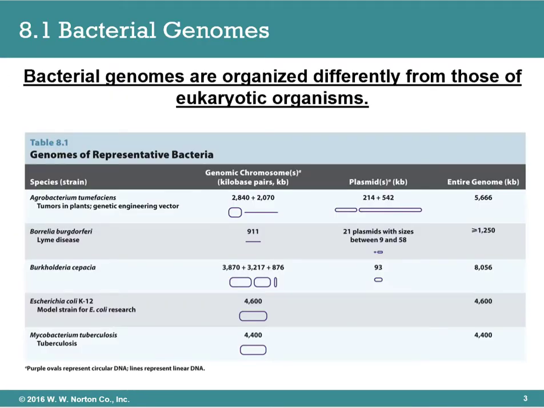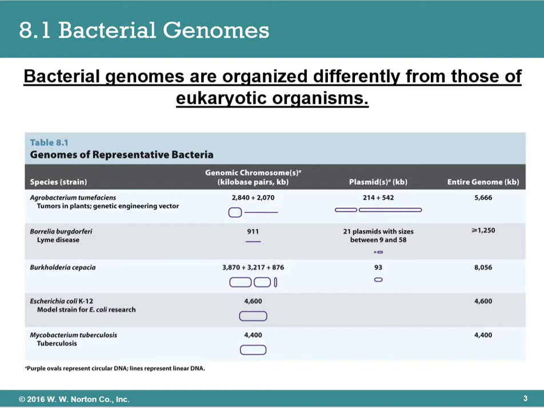So the bacterial genome, as we know, it's not linear like how it is in a eukaryotic cell. So they organize it very differently. Some bacteria will have just the standard genome, which is, if you were to stretch it out, one big loop.